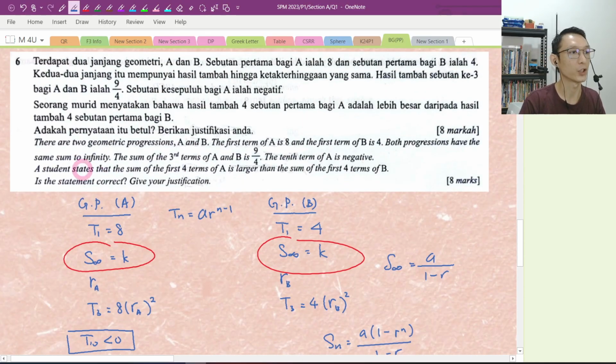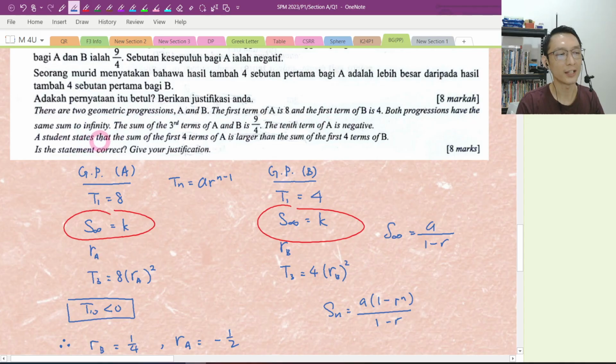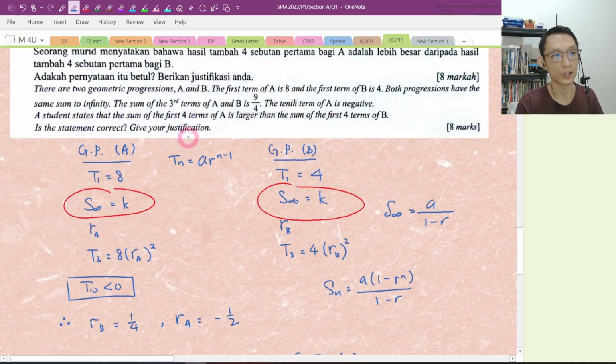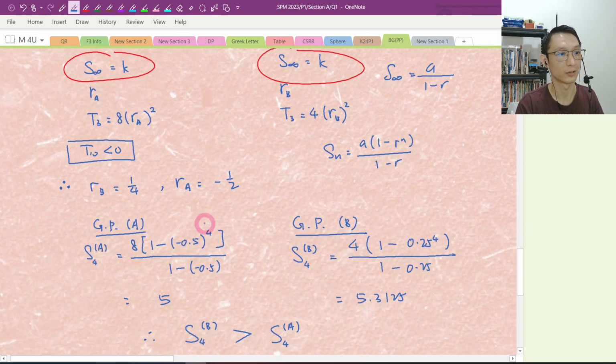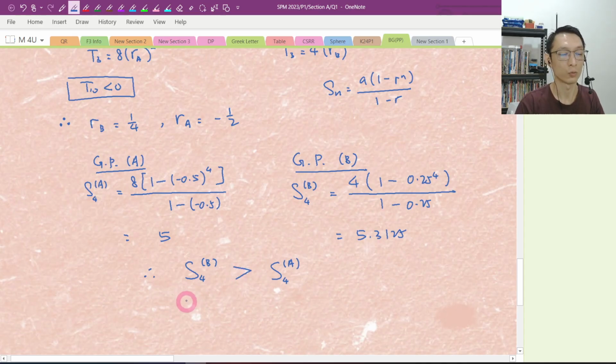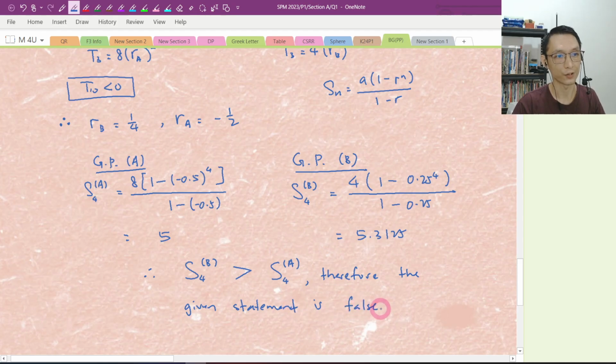Now let's go back to the given statement. A student states that the sum of the first 4 terms of geometric progression A is larger. Oh, so we can make a conclusion that the statement is incorrect. Therefore, the given statement is false.